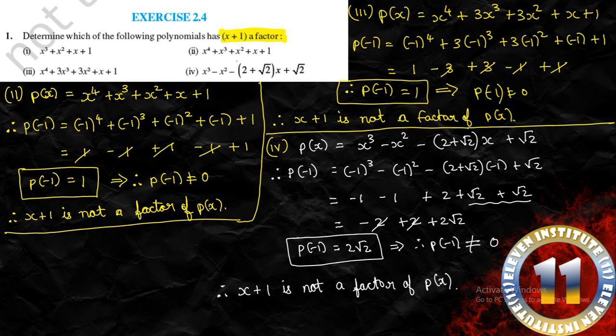Fine. I hope this is very much clear to you. Please pause the video and write this down in your CW. I hope you have written this. So you can see in this 3, the value of p of minus 1 is not equal to 0, and hence we can write that x plus 1 is not a factor of the given polynomial.